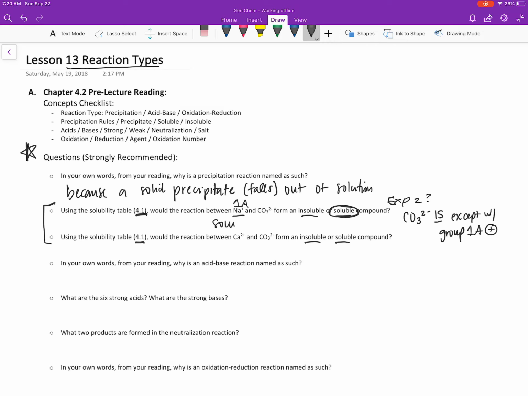It is the exception to the fact that these are insoluble. Therefore, calcium carbonate is going to be insoluble because calcium is not a group 1A, instead it is a group 2A. Calcium carbonate is very similar to the hard scale you get in your water, like in the bathtub and things like that.